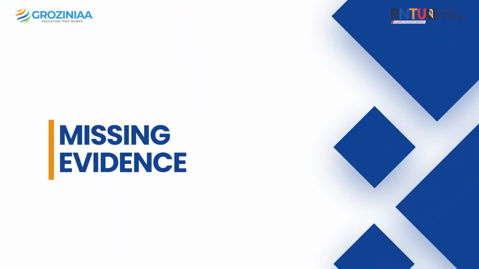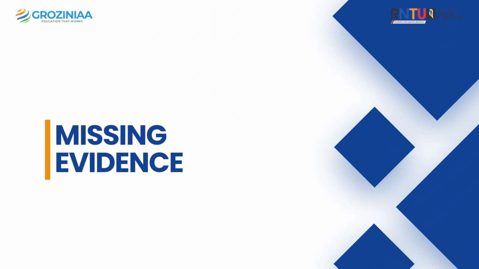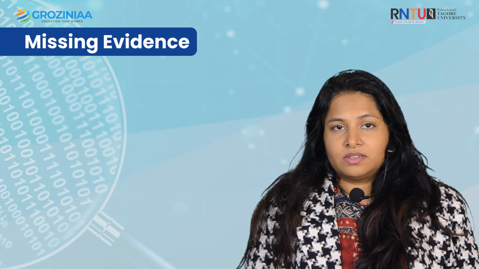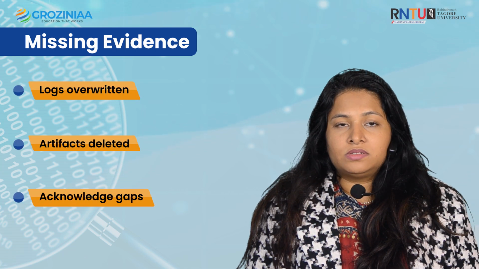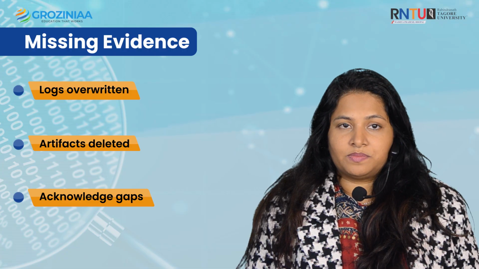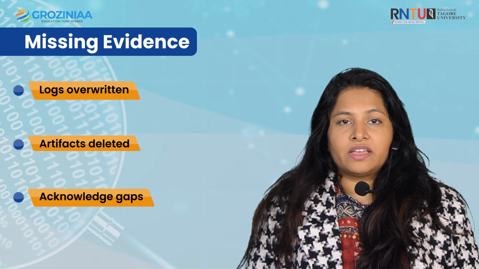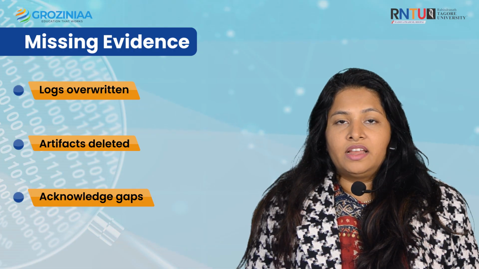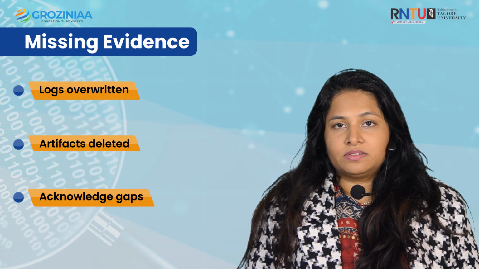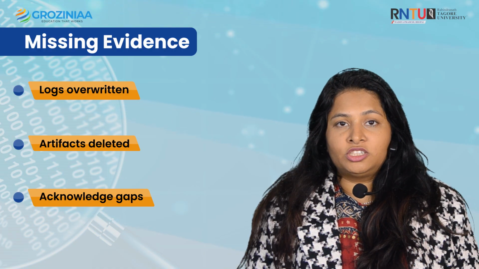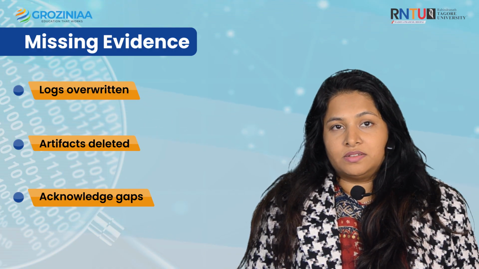In our next topic, we're going to deal with missing or altered data. Not all artifacts will be present. Some may be overwritten, deleted, or manipulated. In such cases, investigators rely on secondary artifacts and infer behavior cautiously. Gaps in a timeline must be acknowledged, not hidden.